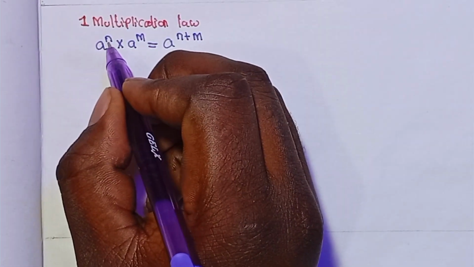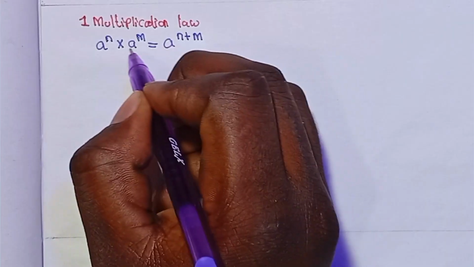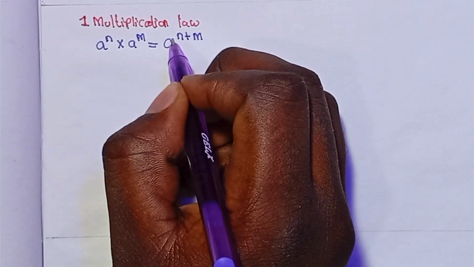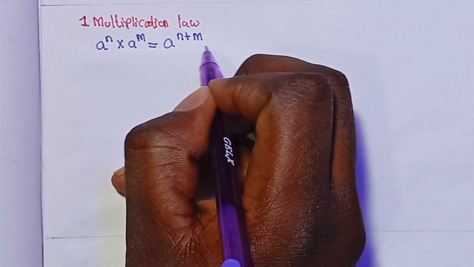We have this number, we have this power, and we have this power. It is the same as taking this number and then we take the powers and we add them together so that we can have something like this.